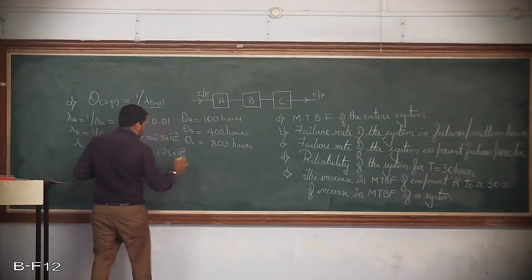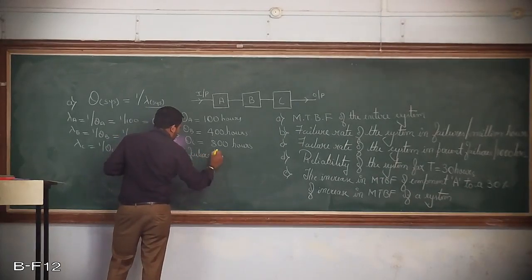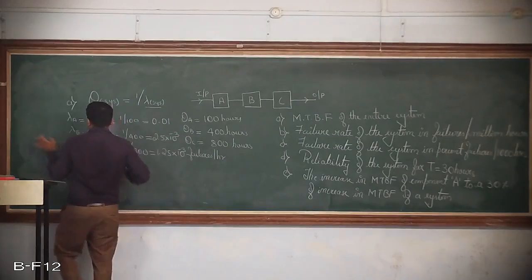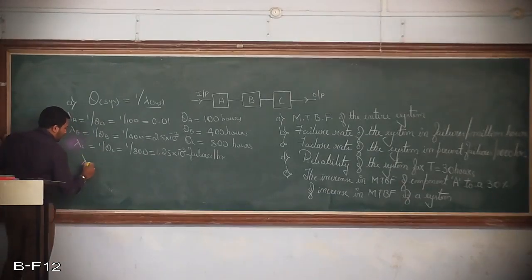The unit for all these is failures per hour. Now, as we know, it is a system where parts are connected in series.